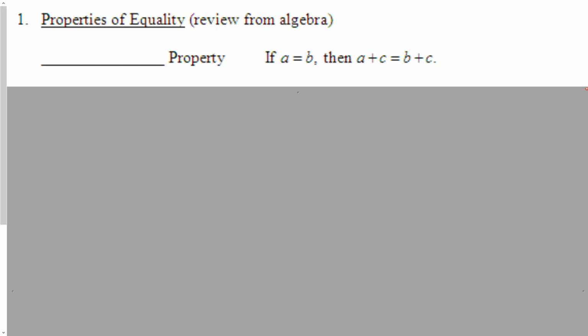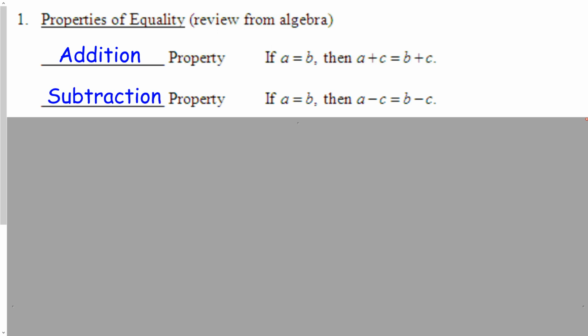So before we can actually start working on the problems, we have to just refresh ourselves on some of the properties that we use every day when we solve equations and solve math problems. So with an equation, the property that allows you to add the same value to both sides is called the addition property of equality.